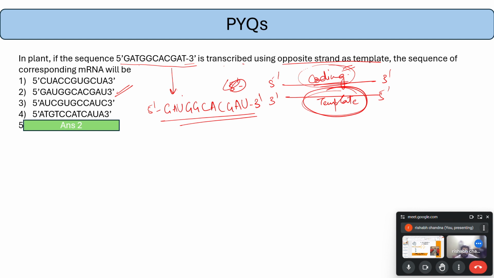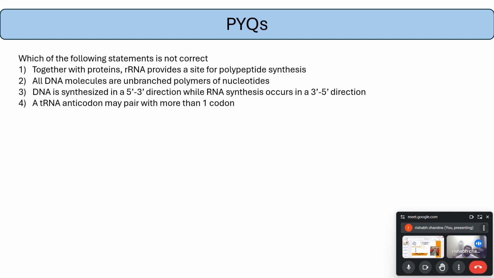Now moving on to the next question. Which of the following statements is not correct? Here we have to select the statements that are not correct related to any of the molecular biology processes. These are simple statements, and we'll see everything in detail in the next few classes.